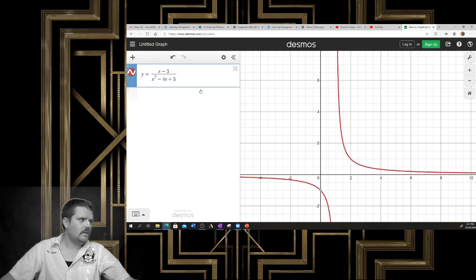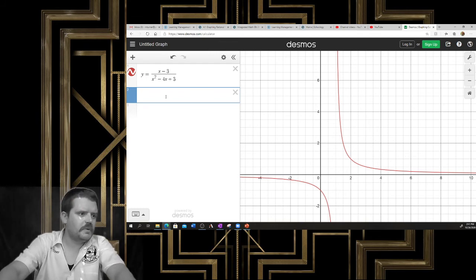And so here, I end up with x minus 3 over x squared minus 4x plus 3. But at 3, if you look here on the graph, it is undefined if we trace it. By default, unfortunately, Desmos will not put holes in your graph.